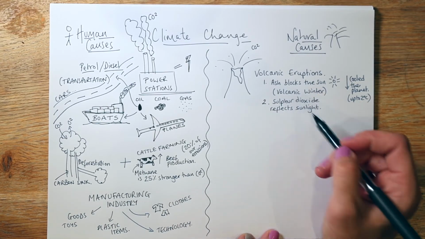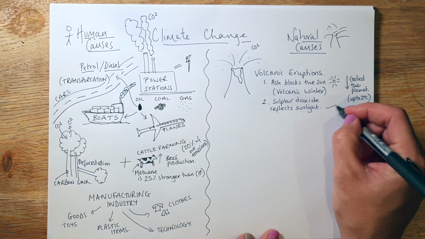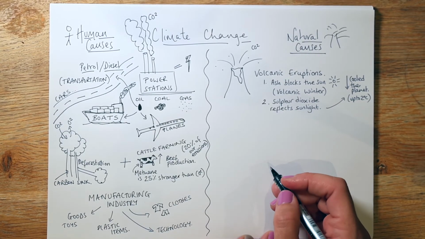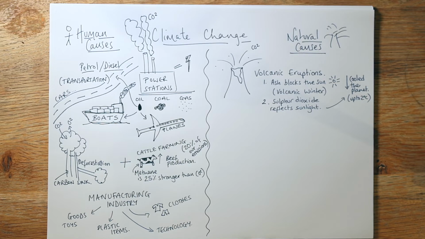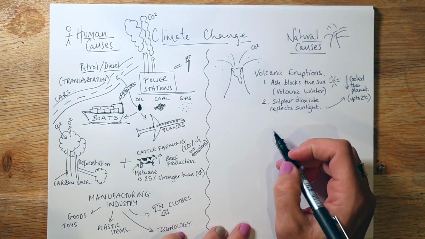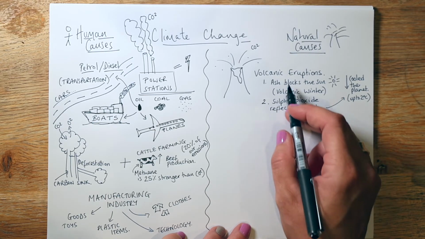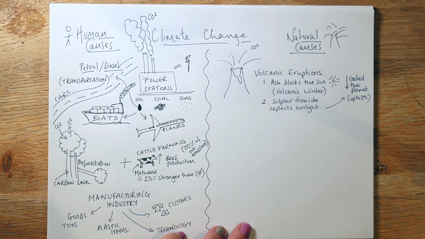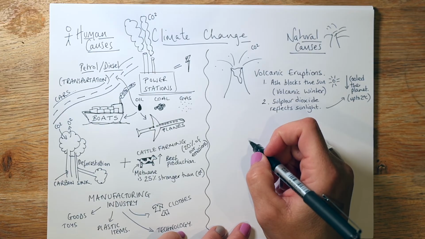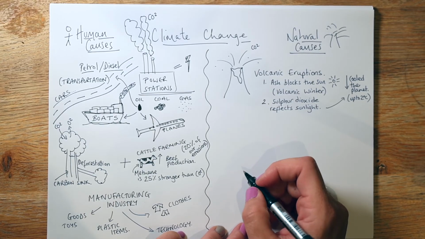So it's sort of a double whammy, again cooling the planet. One could think, oh, well, we just need a big volcanic eruption and then we'll be all right. But unfortunately, it will be a temporary solution. It won't last long. And in the time that we're having that volcanic winter, we will have some very big problems with crop yields and food production and so on. So it's not really ideal.